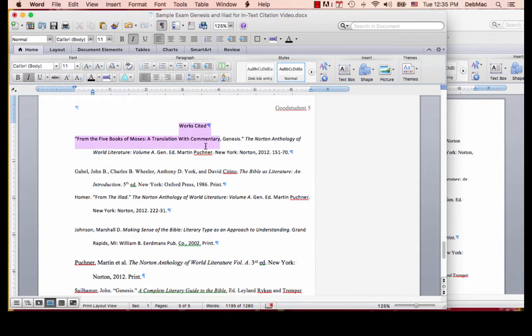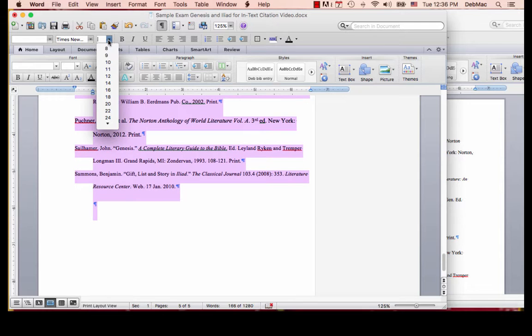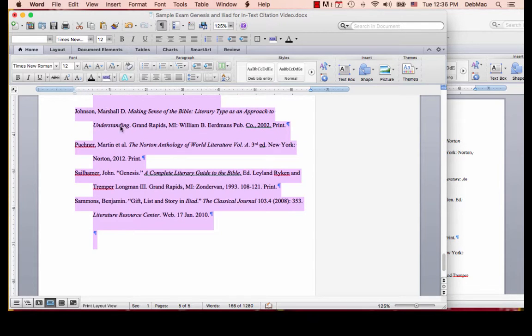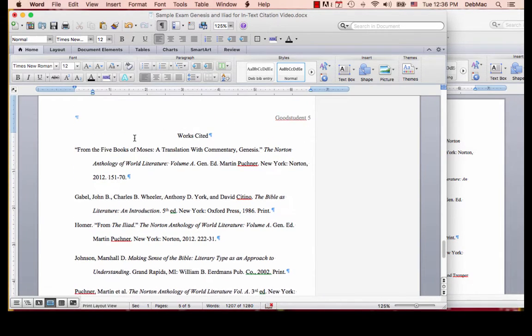So just to make sure, go through, highlight all of it, and here, type in Times. And usually once you type Times, if you just hit the space bar, it'll fill in New Roman. And then for the size, of course, you want to select 12, because that's MLA style. Okay? And now her works cited page is fine.